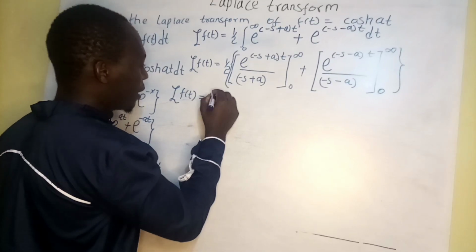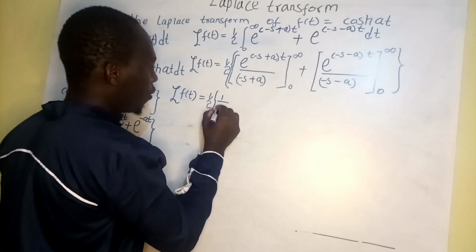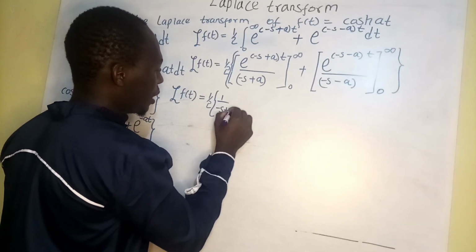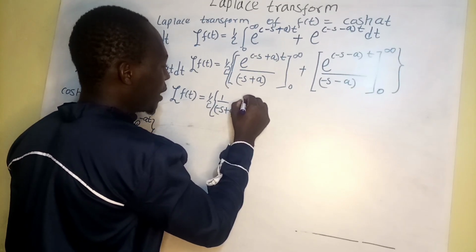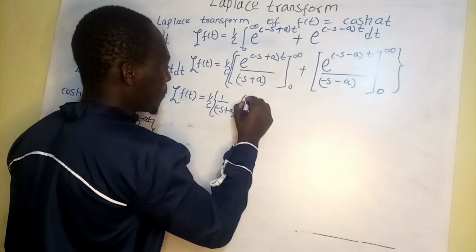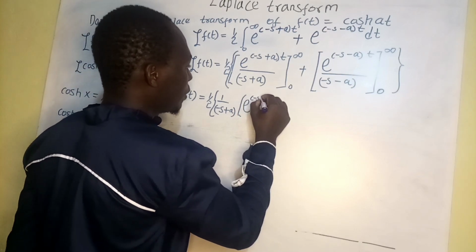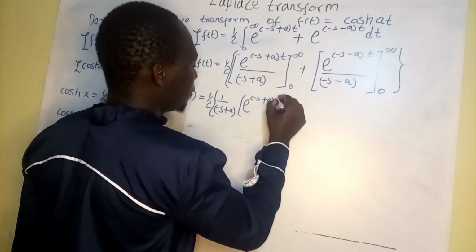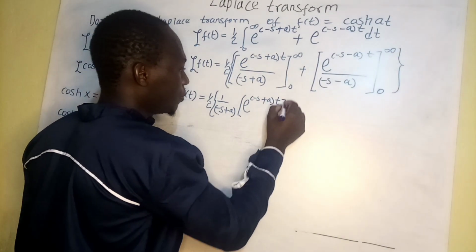In this first bracket, we are going to have 1 all over negative s added to a, multiplied by exponential negative s added to a, multiplied by our term of t.